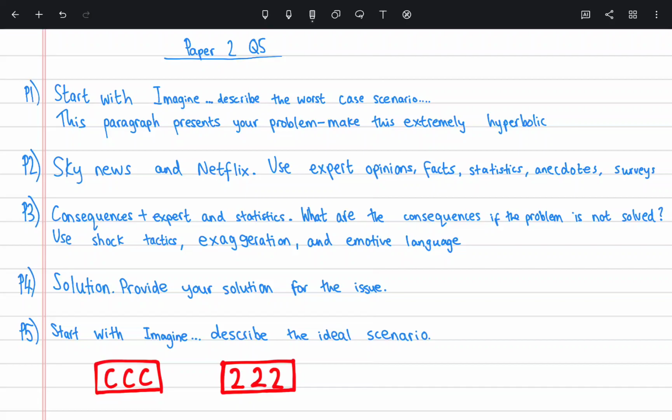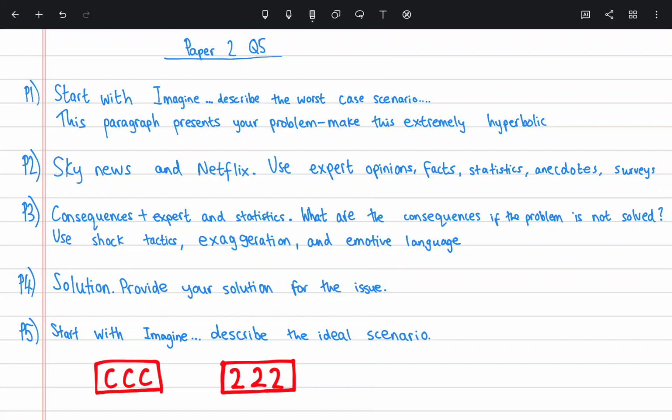But this is a simple template for you to use and follow when practicing your persuasive writing for English Language Paper 2. And what I've written here at the bottom in red is the CCC and the 222. So this is just a checklist which I've created to help you score the maximum possible marks for question 5. So what do you have to do?